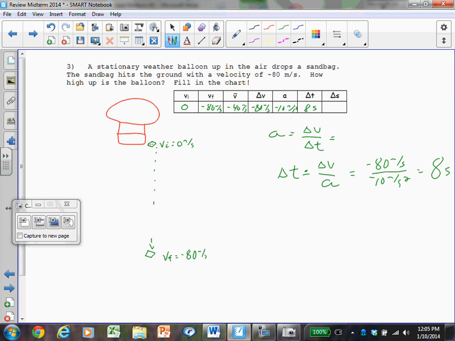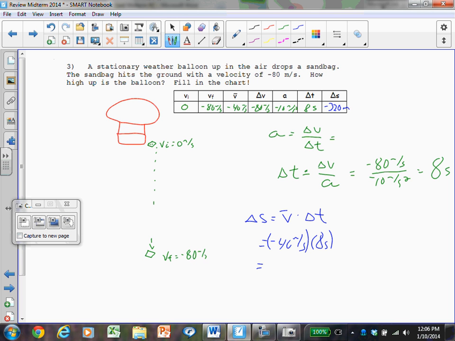So Austin, how am I going to get delta S? Minus 40 meters per second times delta T of 8 seconds. Oh, wait, what were we trying to do? Oh, yeah. 40 times 8, minus 320 meters.